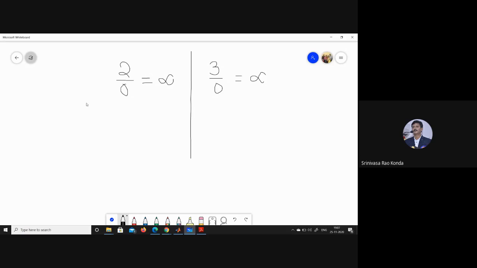What is an equation? What is the definition of an equation?